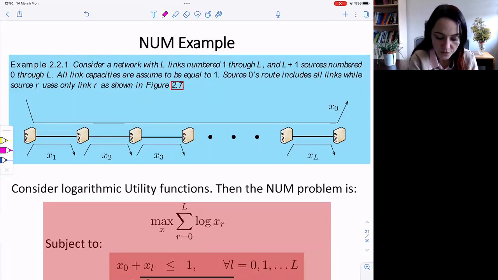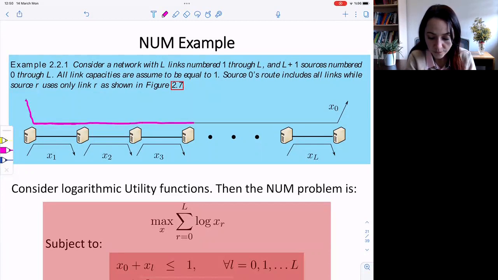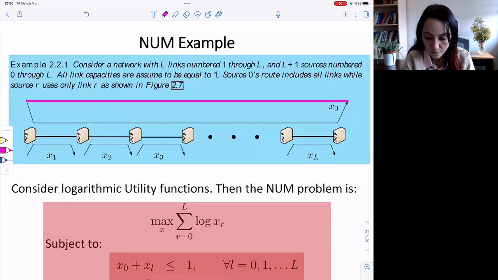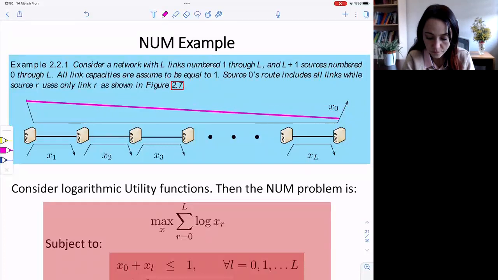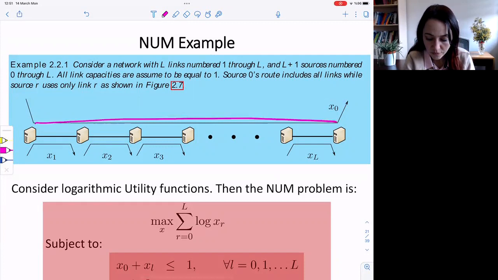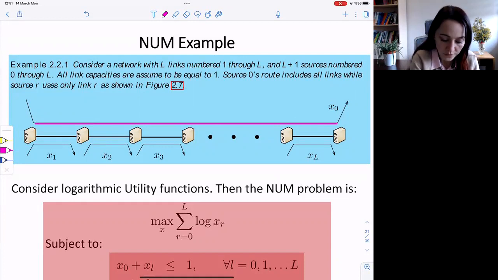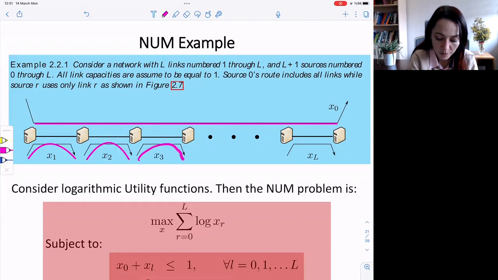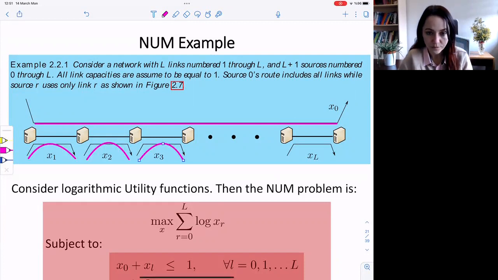So source 0 is this source that wants to send packets all the way from here to there. So this is source 0's route. All the other routes are 1 hop long.